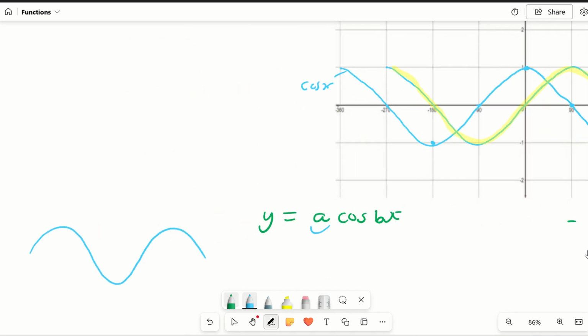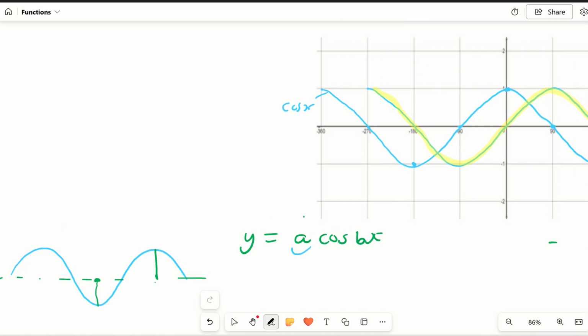It is the distance from here to there, not from there to there. That is your amplitude. So if you have a 1 here in place of A, it tells you that the amplitude of that graph is 1. Are we together?